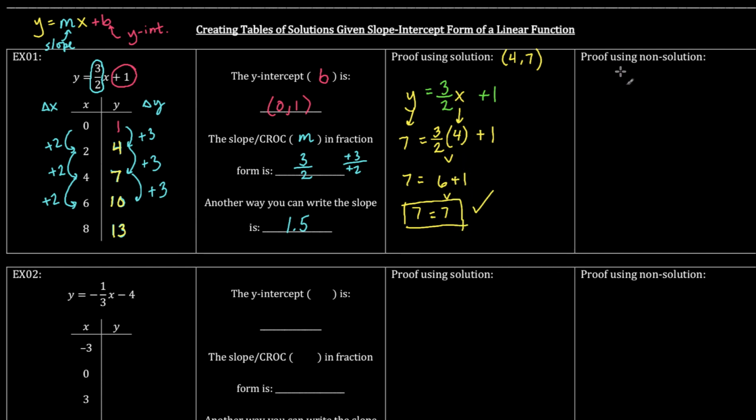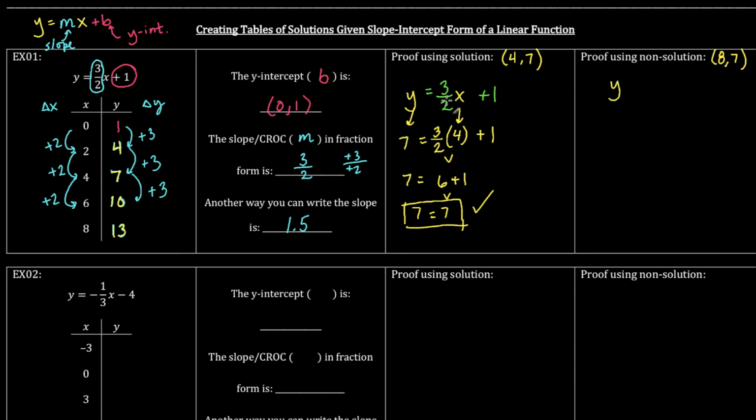Now, this wants us to think of a non-solution, something that doesn't work. So 4 and 7 go together. What if I do something like 8 and 7? So let's see, I'm going to write my equation again.